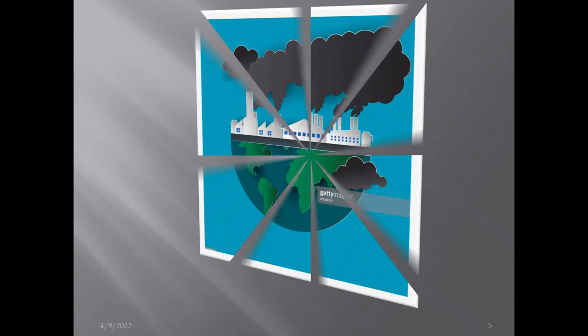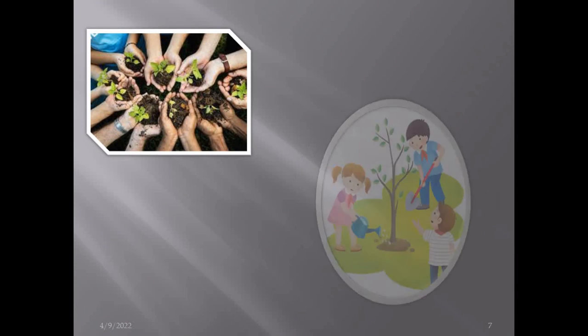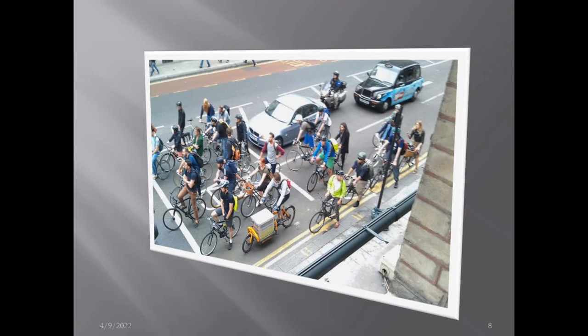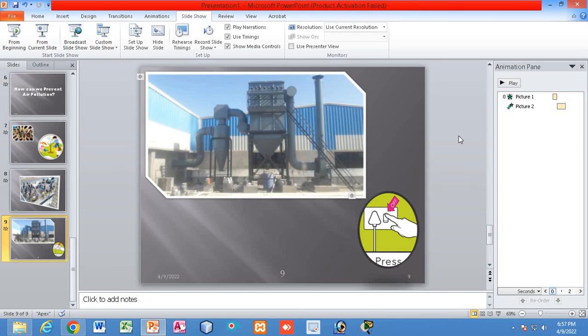So I have taken animated effect, also transition effect. The topic that I have selected is air pollution. So you can decide which content you will take, and whatever content you will be asked to prepare during your exam session, accordingly you can prepare this PowerPoint presentation.